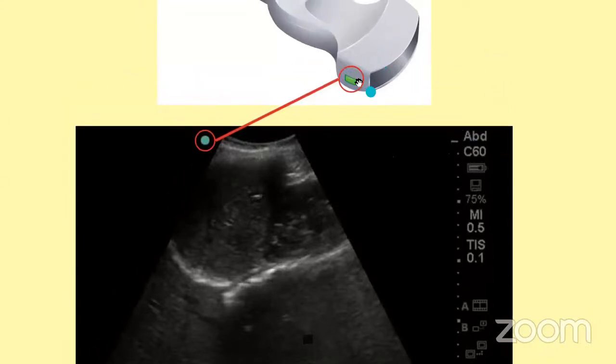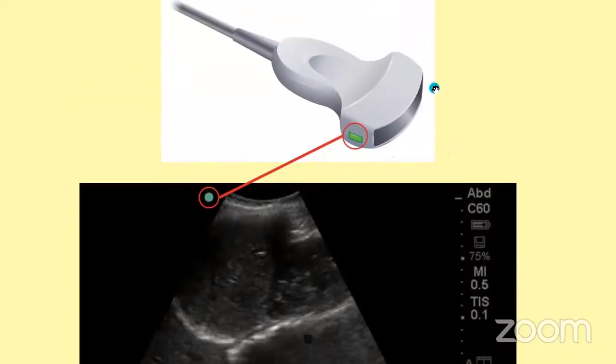So if you are going to see the image, if you can trace it back in imagination, let me try to draw it here. If this is going to be the plane, you can imagine it like this. This is the dot, the probe orientation marker, right?